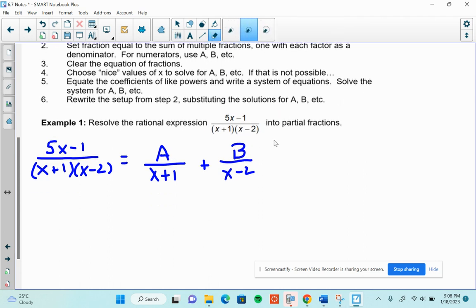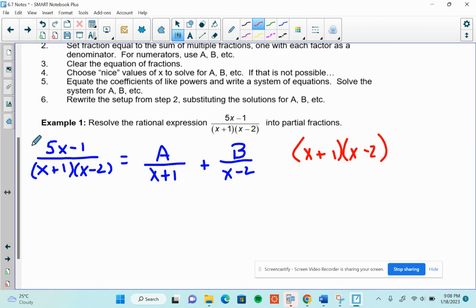So now the next step is step 3, clear the equation of fractions. So what we're going to do is multiply both sides of the equation by a factor of x plus 1 and a factor of x minus 2. Okay, so notice what happens. In this step 3, we're going to multiply both sides of the equation, because remember we have to multiply both sides by the same thing to maintain the equal sign.